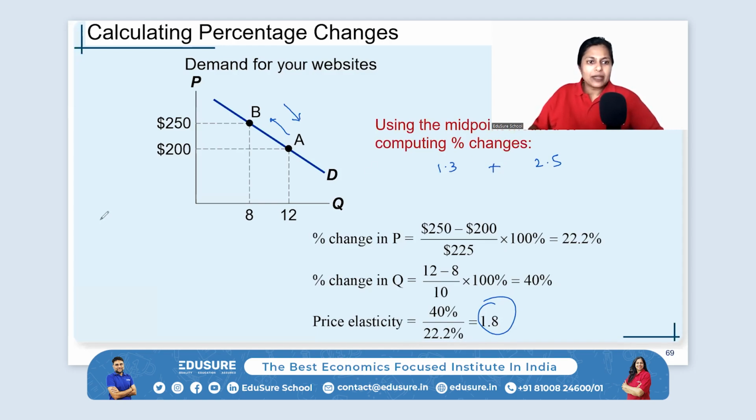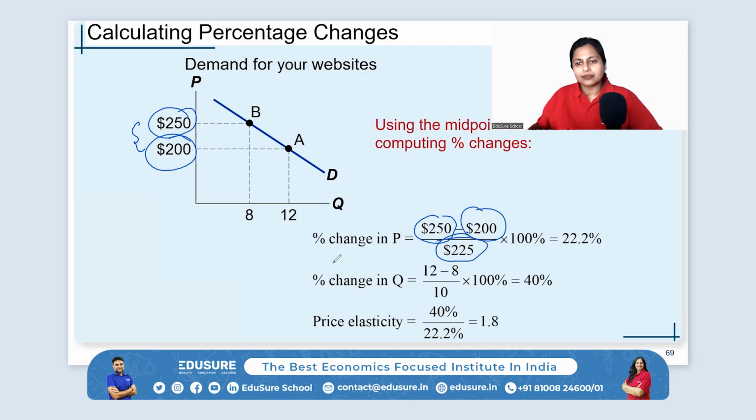I'm not taking a midpoint of these two. What I'm doing is changing the formula: Q2 minus Q1 by midpoint, divided by P2 minus P1 by midpoint. So the numbers here are 250 minus 200, divided by the midpoint, which is 225, into 100.